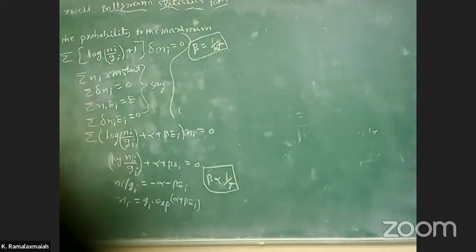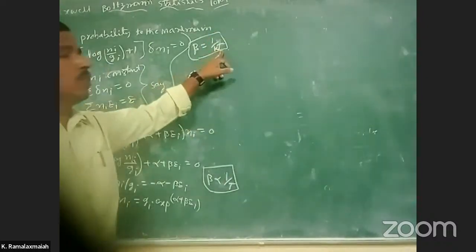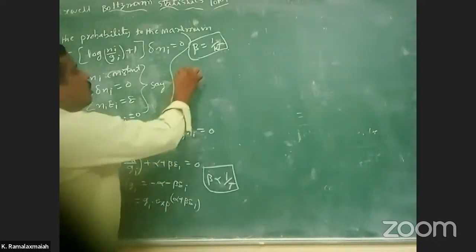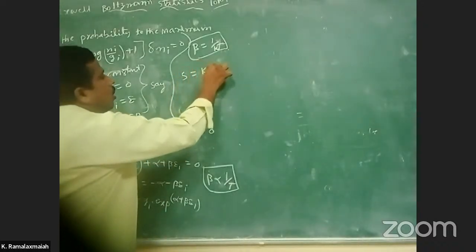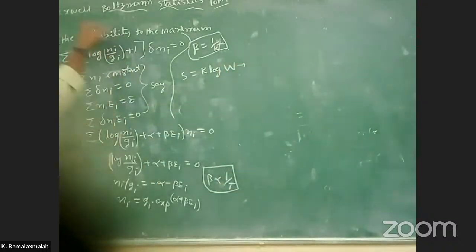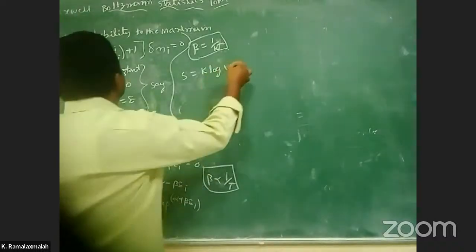Here k is a constant. So we arrive at S is equal to k log W. That is the Boltzmann relation.